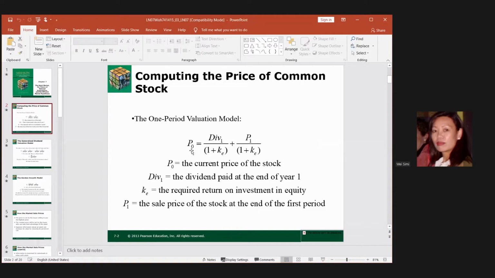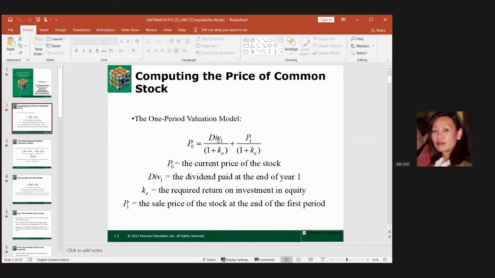Remember, P0 is today's price, the current price. So obviously, you are assuming you can sell at P1, right? The dividend, normally the company rarely changes its dividend strategy unless there is an economic recession or boom, so they adjust upward. But normally they hold the dividend payout ratio.